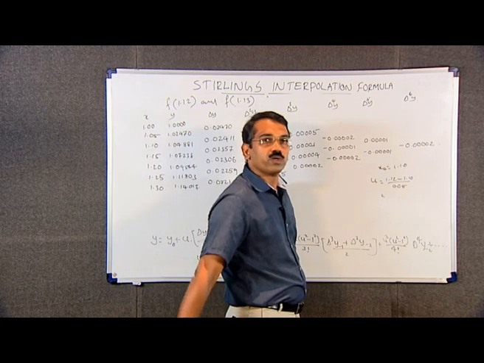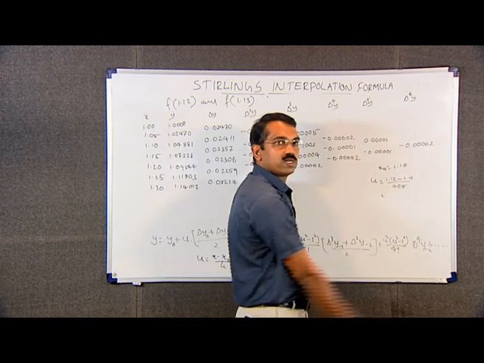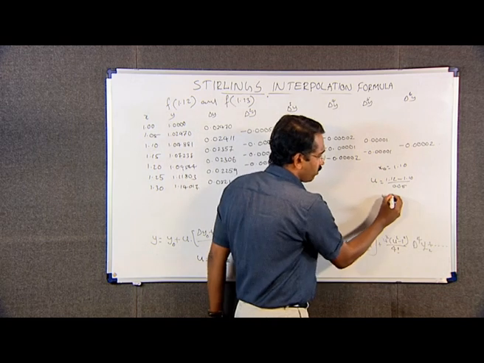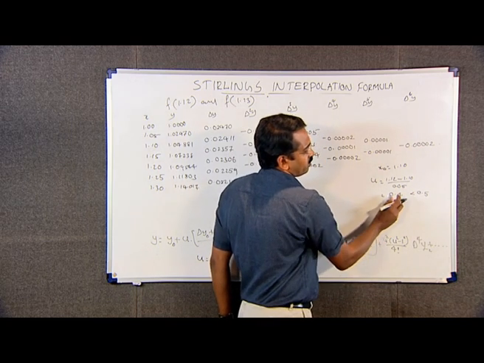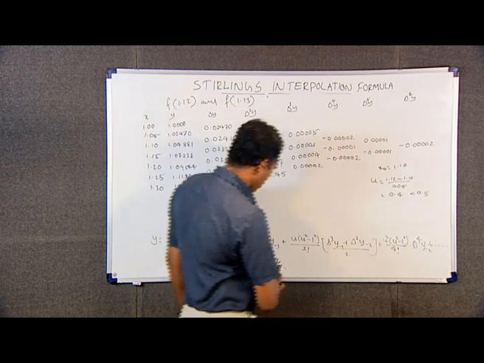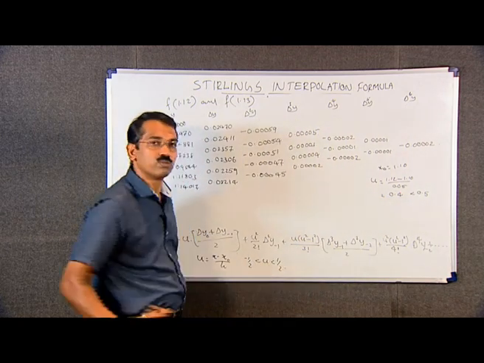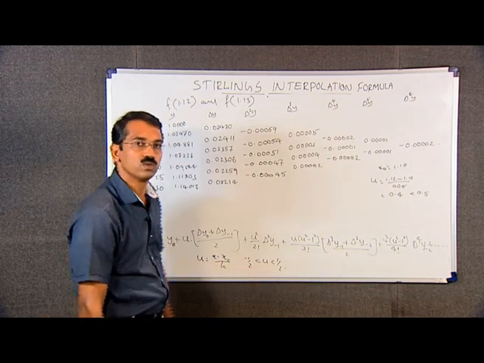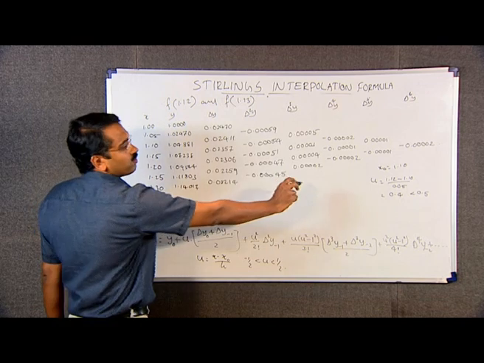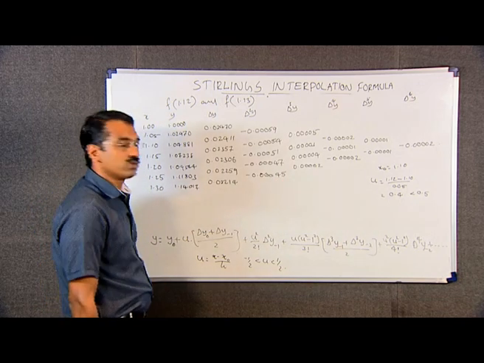This is equal to 0.4, which is less than 0.5, or 0.4 is lying between minus 1 by 2 and 1 by 2. Therefore, we can choose x naught as 1.10, where u equal to 0.4.